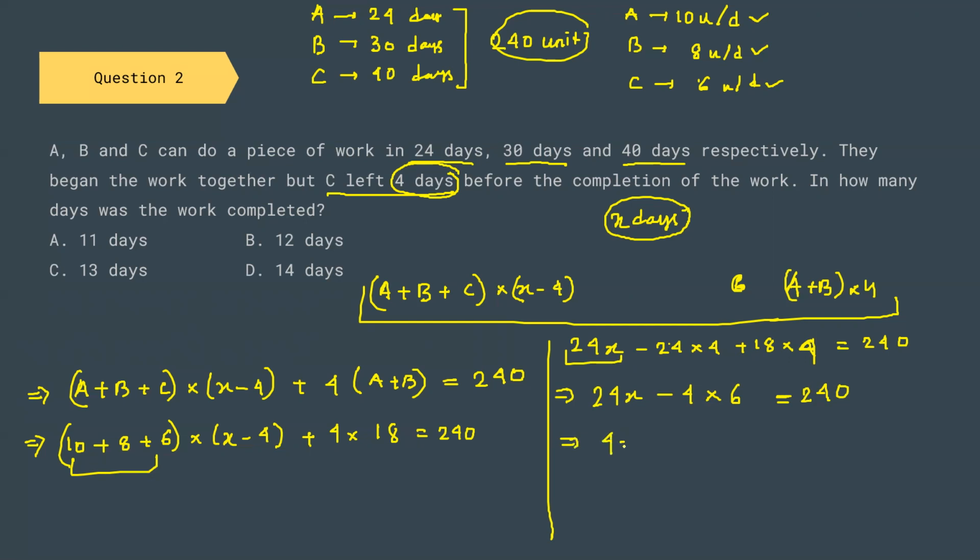So this will become 4x minus 4 equal to 40. So this will become 4x equal to 44. We can take the 4 to the other side, and x is equal to 11 days. So the total work was finished in 11 days.